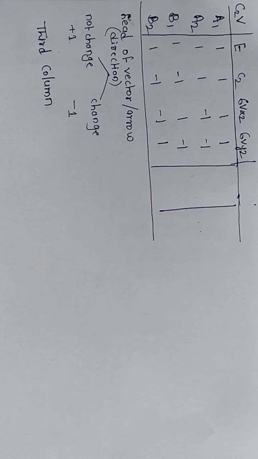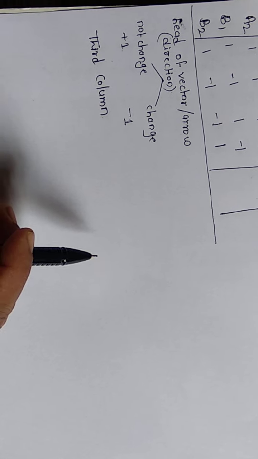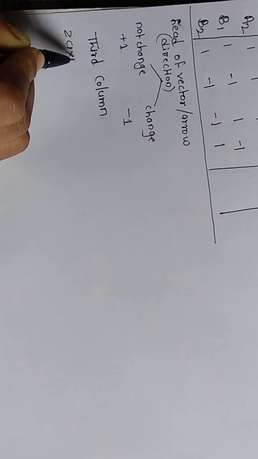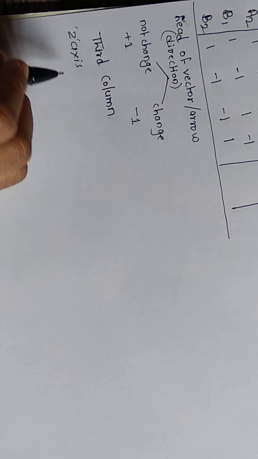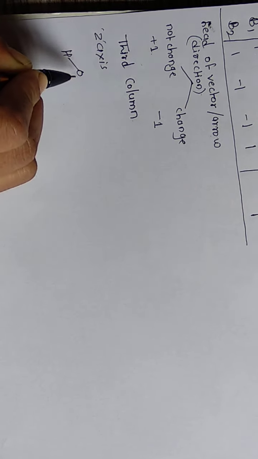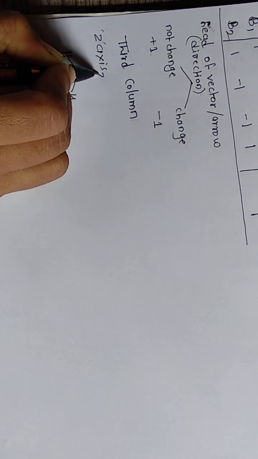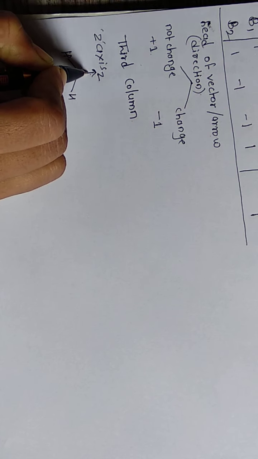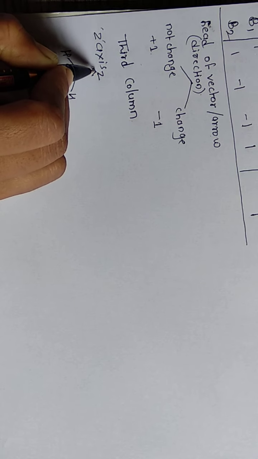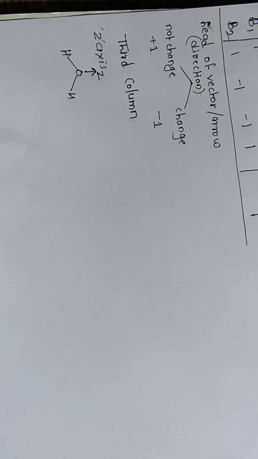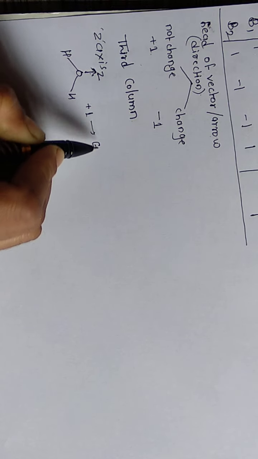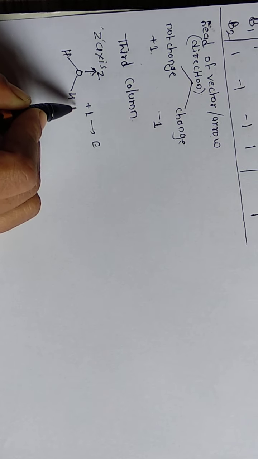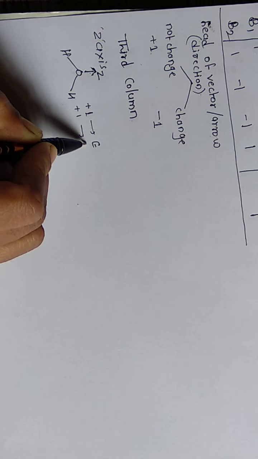Consider a vector along the z axis. If we take the z axis, the identity does not change the direction of the head of the vector. See here, this is the water molecule and this is the z axis. The direction of the head of this vector, the z axis arrow, does not change, so this is +1 for identity. It is also not changed for C2, so C2 is +1.